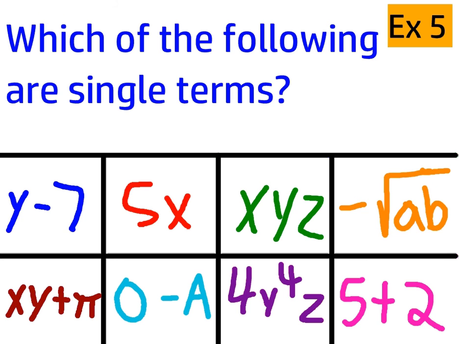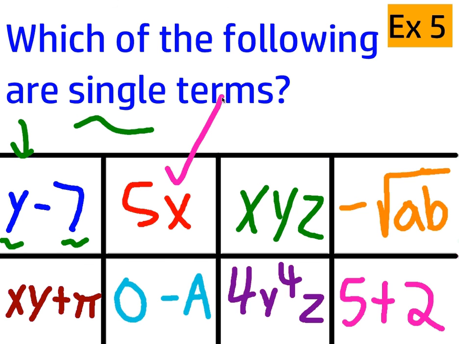And all I want you to do for this is simply identify which ones are single terms. Now the first one has a minus sign, right? So there's actually 2 terms here, so that is not one. Okay, the next one is just 5x. There is no plus or minus, so we can go ahead and check that one off.